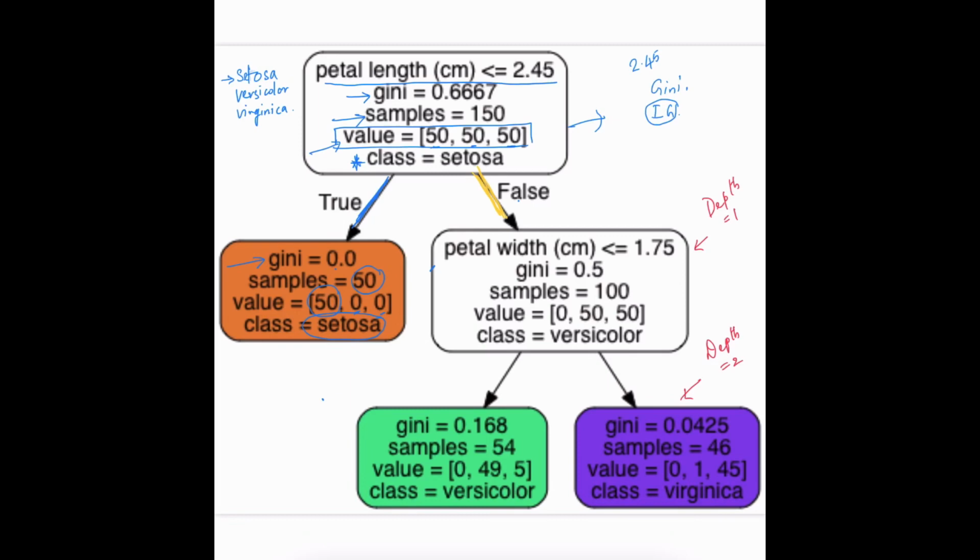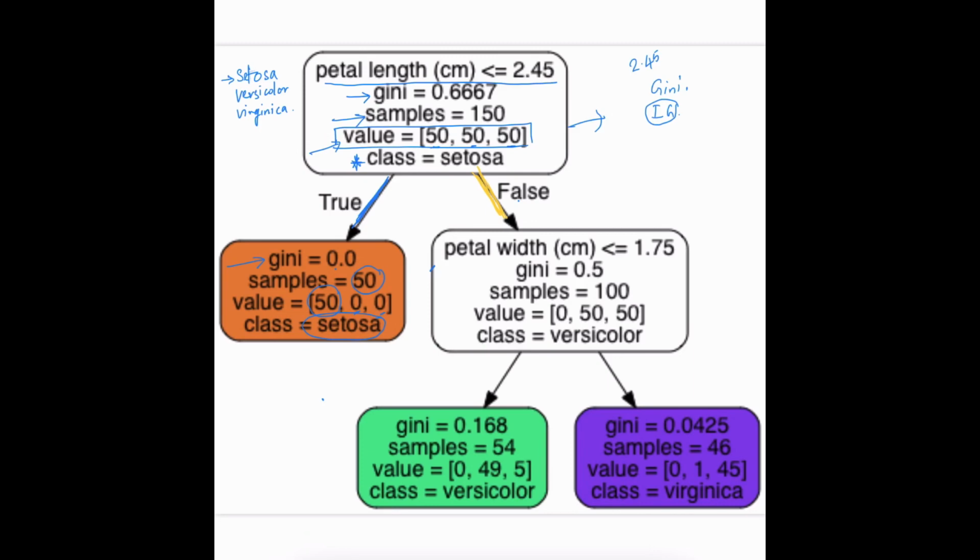Which means that with this one split, we have one pure class, and we are going to use that here and predict Setosa in this branch. Now let's go to the other branch, where petal length is greater than 2.45, and we are going to have to split it more because it is not pure.